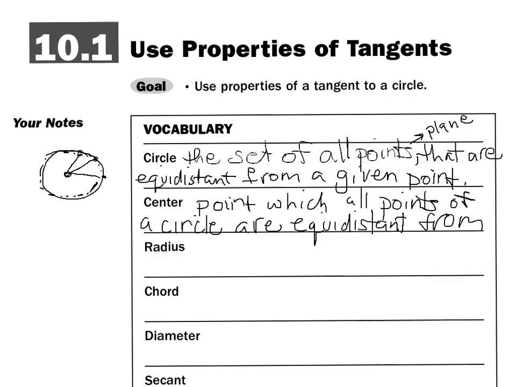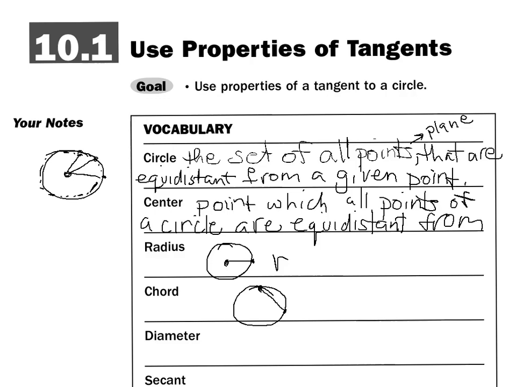Okay, the radius, you should remember this, is from the center to an outside point. It's usually denoted with a little r. A chord, you may not know this one. A chord is a segment whose endpoints are on the circle, but it doesn't necessarily go through the middle.